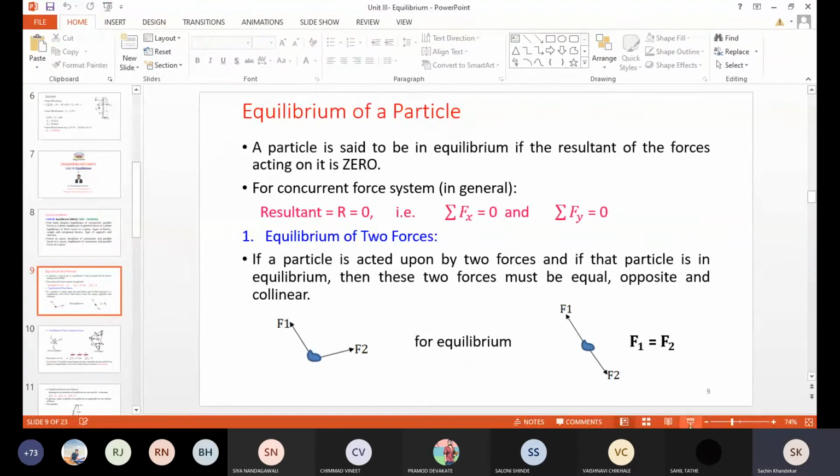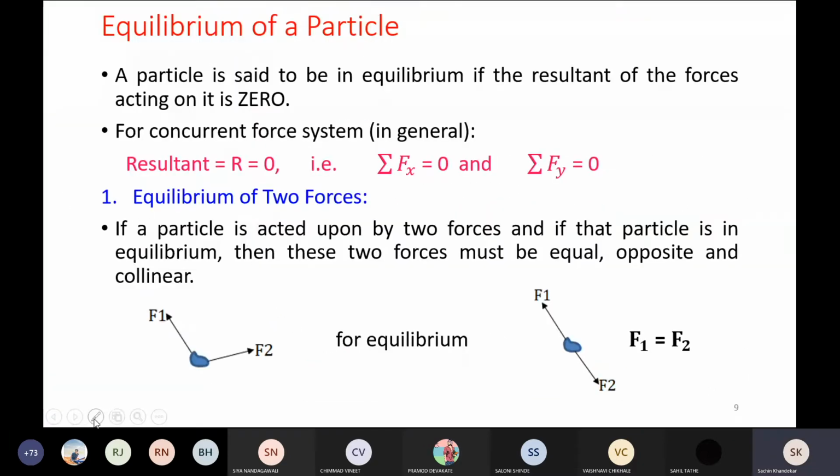Right, coming back to this discussion. Equilibrium of two forces. If a particle is acted upon by two forces, and if that particle is in equilibrium, then these two forces must be equal, opposite, and collinear.